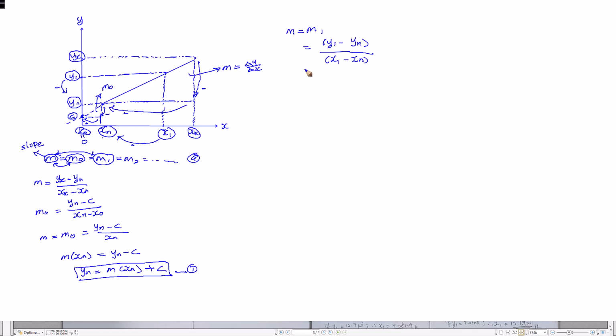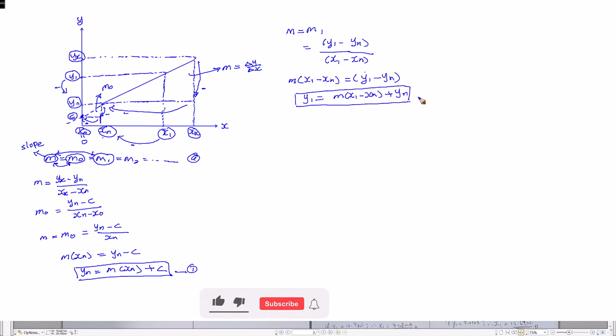Okay, so rewrite the equation, it will become m multiply x1 minus xn equal to y1 minus yn. Okay, so y1 equal to m(x1 minus xn) plus yn. So this is another formula for the linear equation.